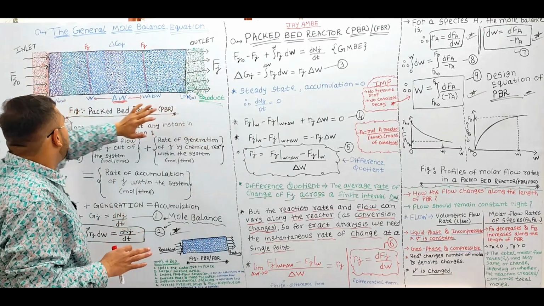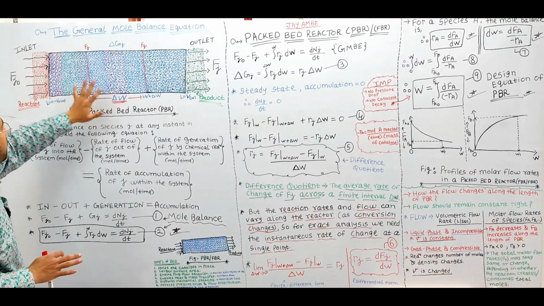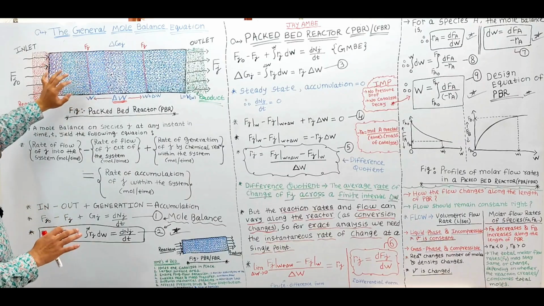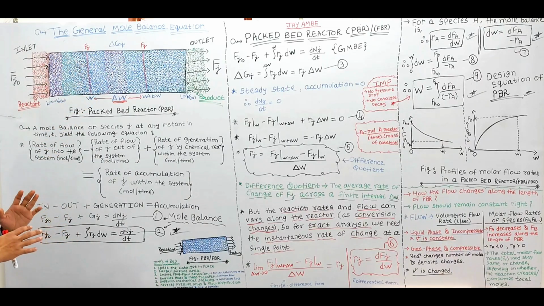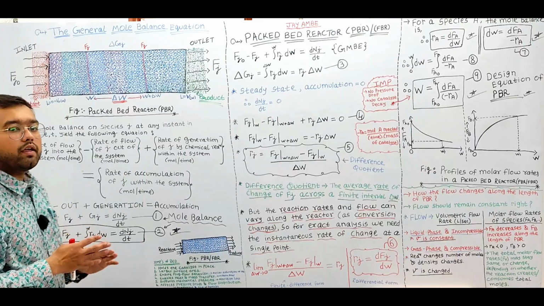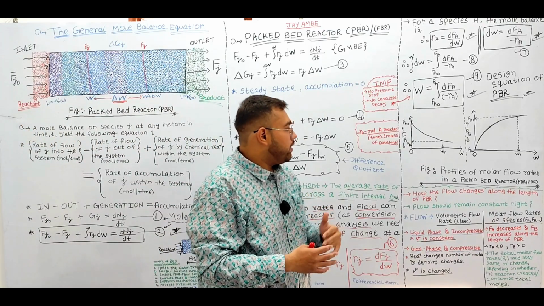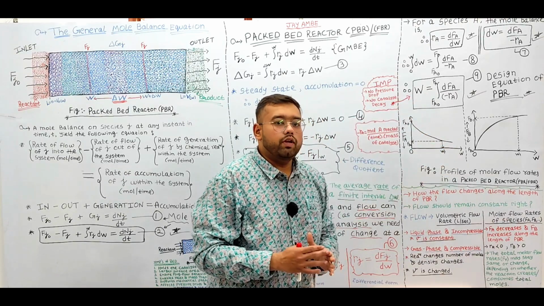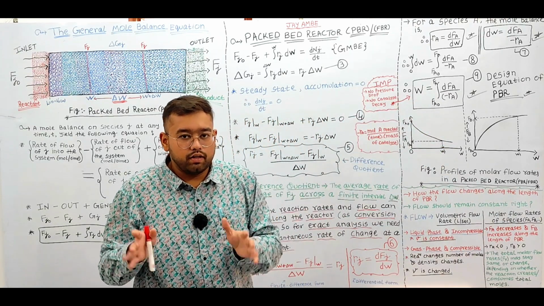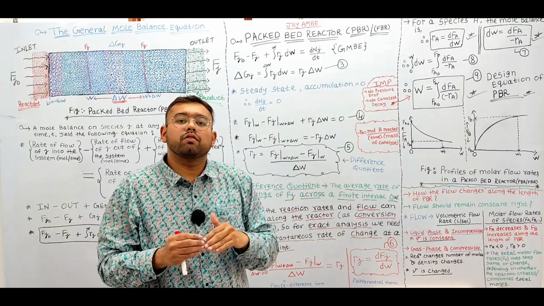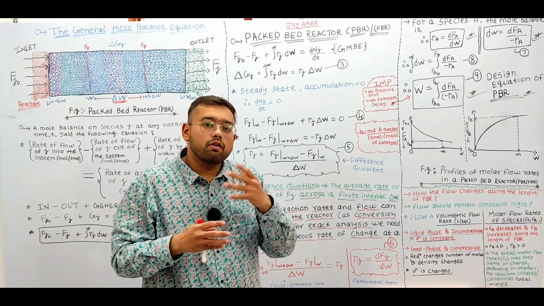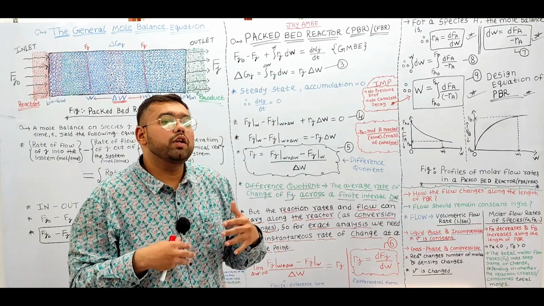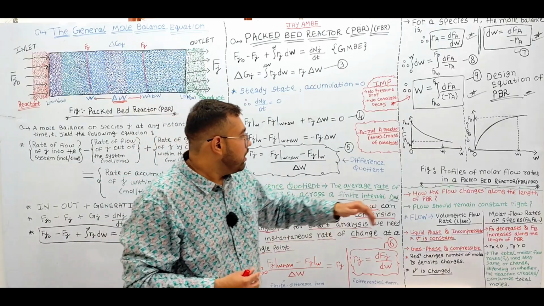We have the higher concentration of reactants in this area, so we'll have higher rates of reaction. Due to the higher rate of reaction, we'll have the steepest slope at the inlet part. The higher concentration of reactants will react with the active sites present on the catalyst and will get converted into new chemical species and new products.